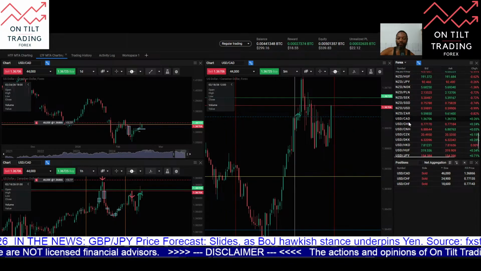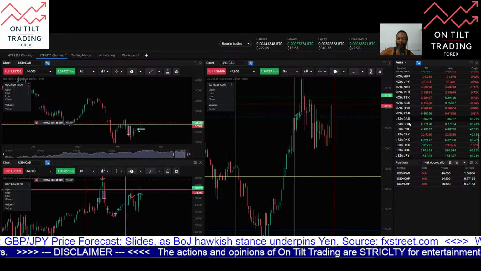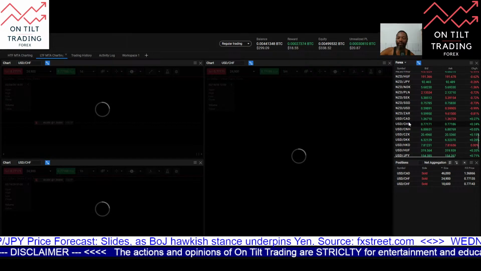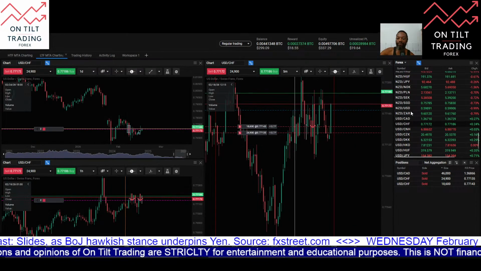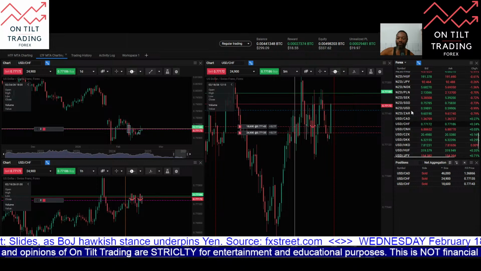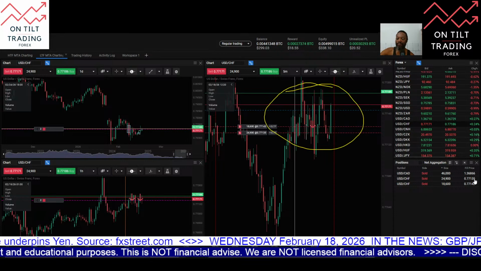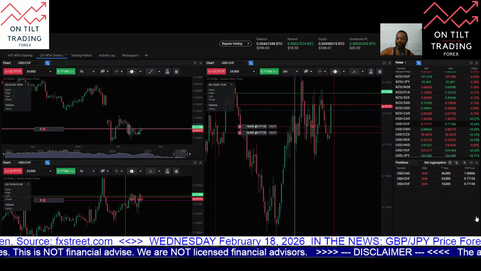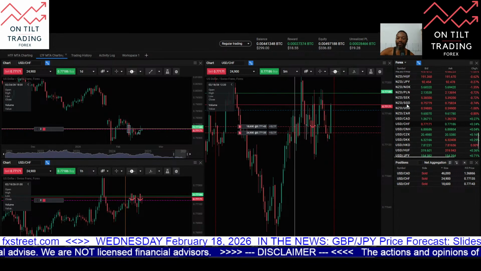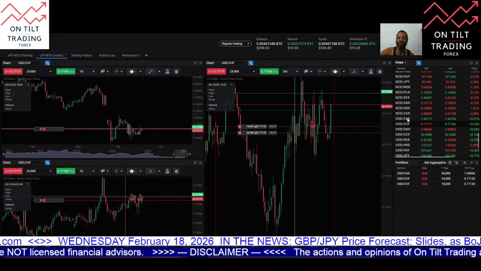But whatever is happening here is likely going to take a bit of time to unfold here. As you can see, these areas of consolidation here, just on my entry, not getting any, let's say, distance from my entry here.